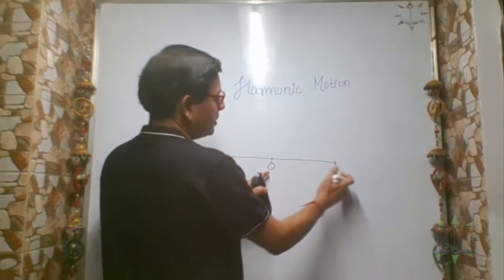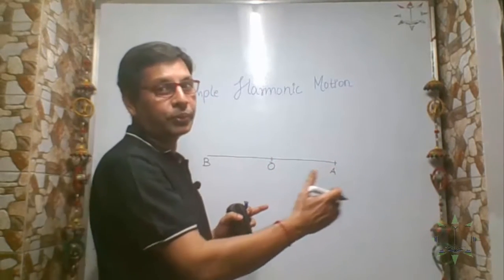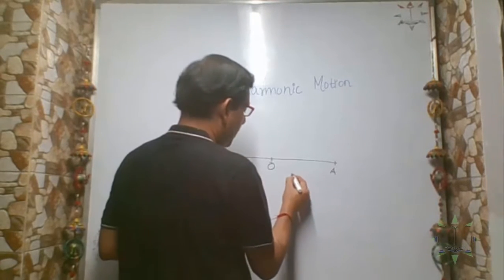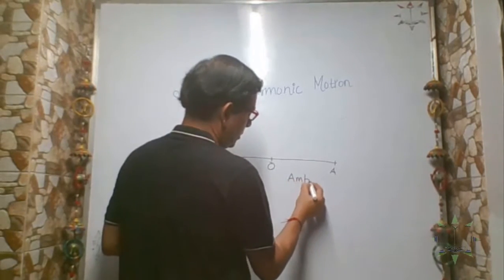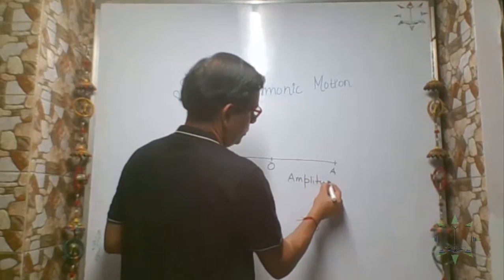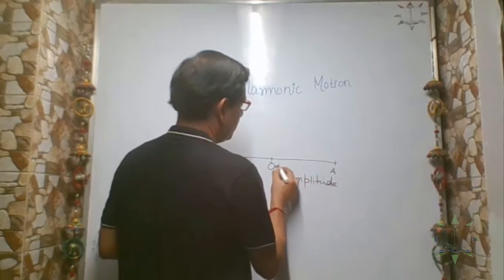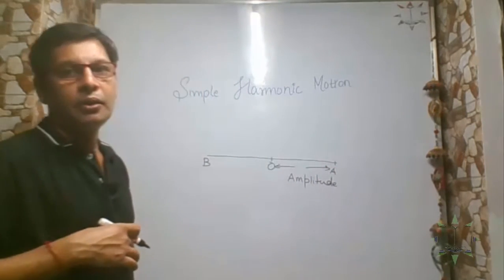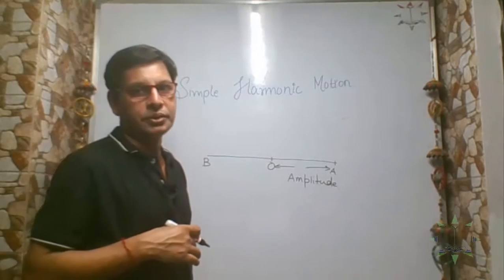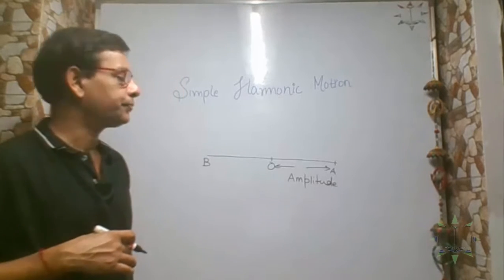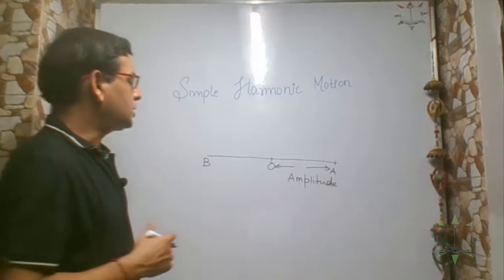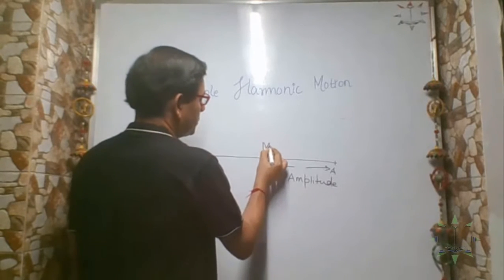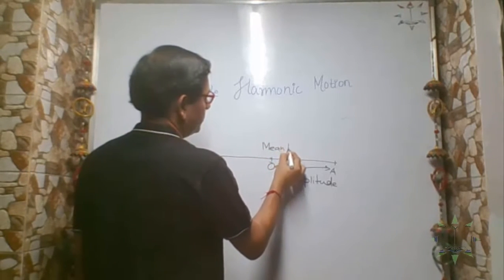This is the maximum distance that the particle can go from the mean position. This is called the amplitude of the simple harmonic motion: the maximum displacement from the mean position. This particular point is called the equilibrium point, or the mean position.